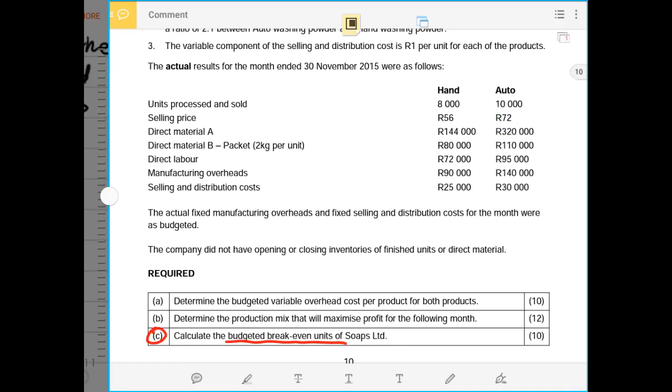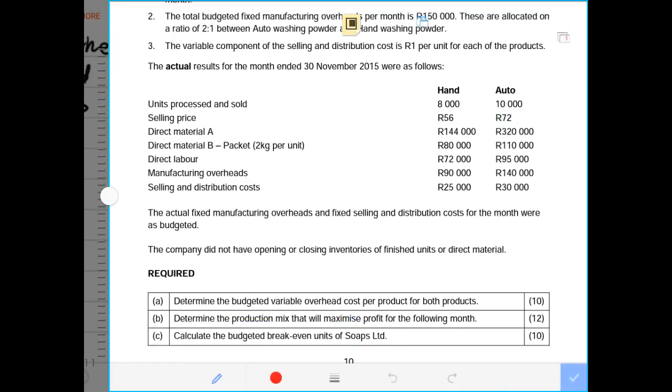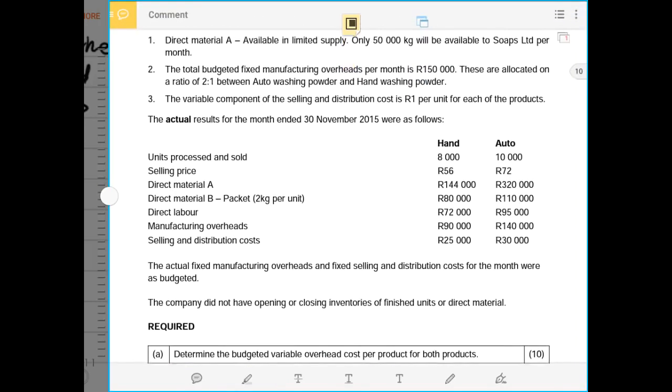Then after, we proceed to number B. Number B says to determine the production mix that will maximize the profit for the month. And we know that if they speak of the production mix that will maximize profit for the month, it means that we definitely have a limiting factor in this case.